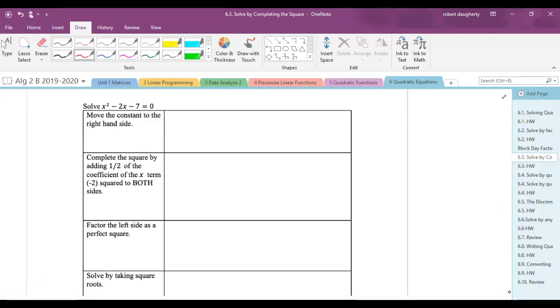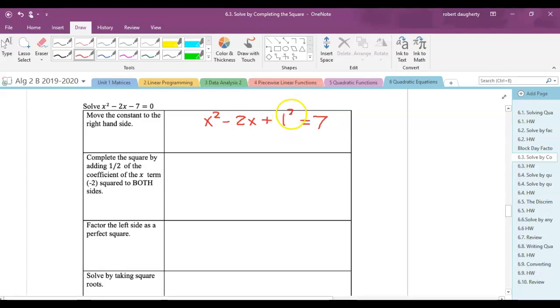This is x squared minus 2x equals 7. Okay, now what's half of negative 2? Negative 1. What happens when you square a negative 1? You get a 1. So this is always going to be a positive number.